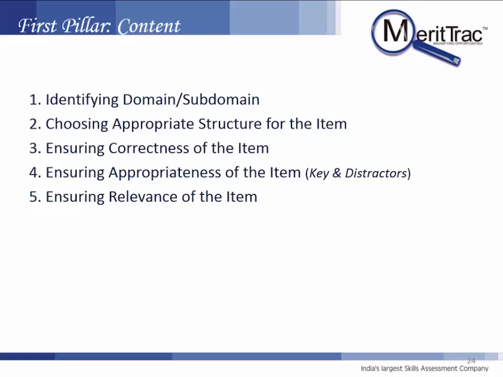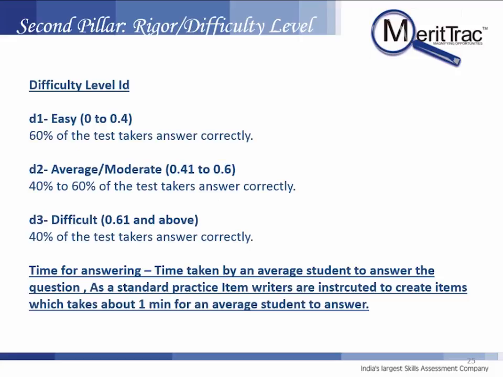So this is what the different parts of the first pillar, that is content. We'll come to the second pillar, that is difficulty level or the rigor, and we maintain 3 layers of difficulties. The first is easy: if you presume that more than 60% of the candidates would be in a position to answer it correctly, then you must indicate that as easy.